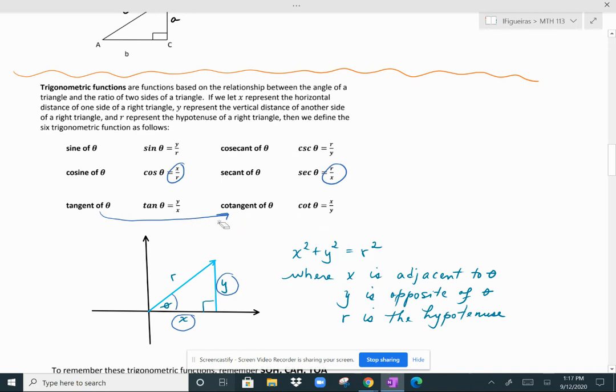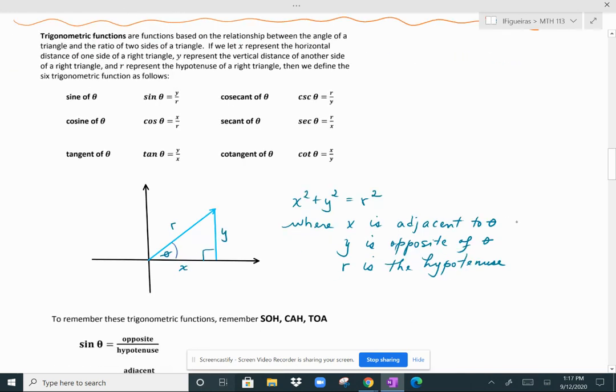They only use the legs. Sine and cosine use one of the legs as well as the hypotenuse. Okay, so as I was mentioning, in this picture, x is adjacent to the angle theta, y is opposite of the angle theta, and r is the hypotenuse of the triangle.